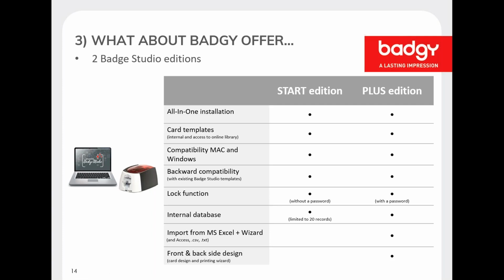For example, if you want to print 10 cards, the 10 fronts will be printed, and then the wizard will show you how to flip and rotate your batch of cards. So these are the main characteristics and differences between Start and Plus edition.